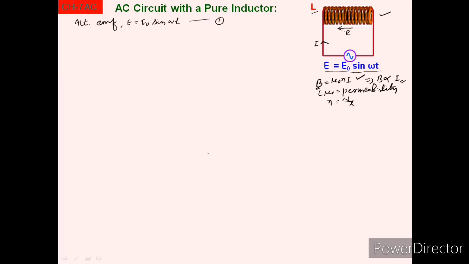This back EMF opposes the change of the current, and can be written as E is equal to minus L di by dt, minus L times the rate of change of current.